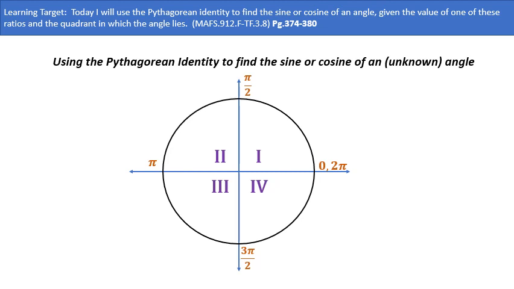If we're in the first quadrant, remember everything's positive. If we're in the second quadrant, then x is negative, but y is still positive. If we're in the third quadrant, everything's negative, and in the fourth quadrant, x will be positive, y will be negative. Okay, that's the basis that you're going to need for today's lesson.